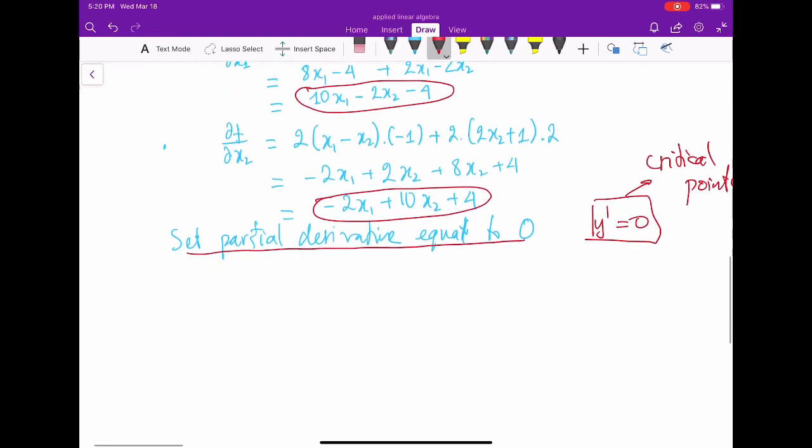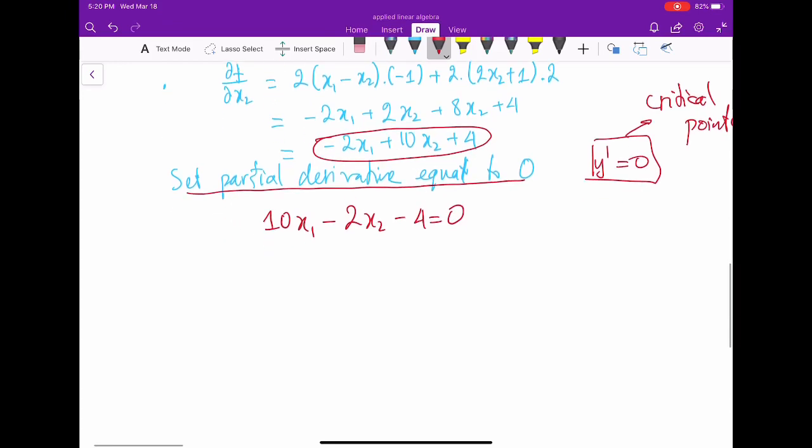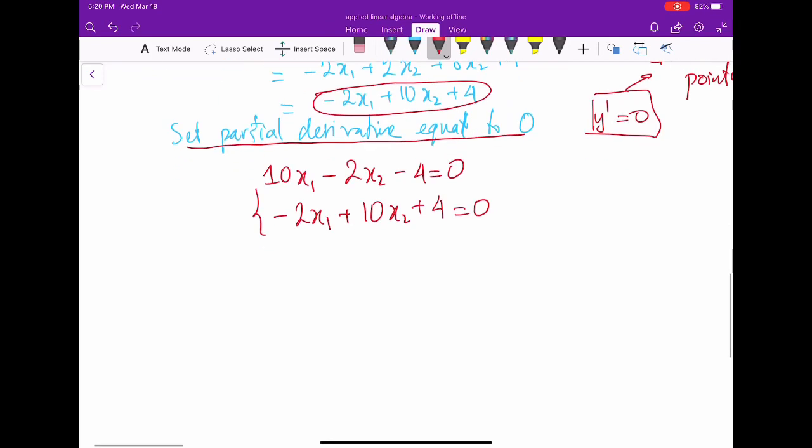We will have a system of linear equations. So I get 10x1 minus 2x2 minus 4 equal to 0, and negative 2x1 plus 10x2 plus 4 equal to 0. I can divide both equations by 2, and I will write in the following form.